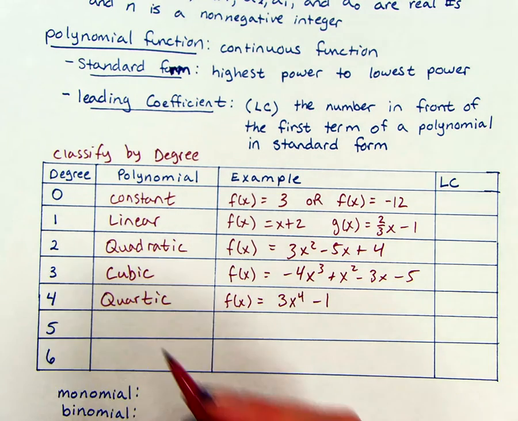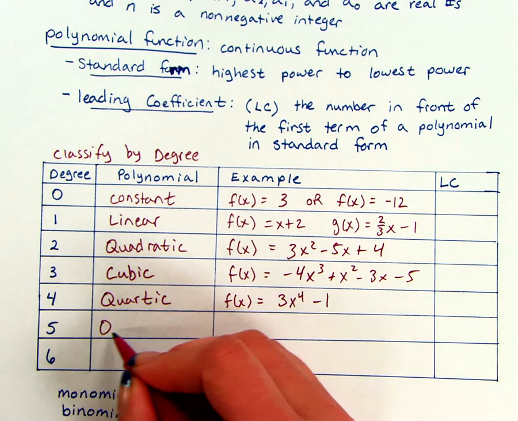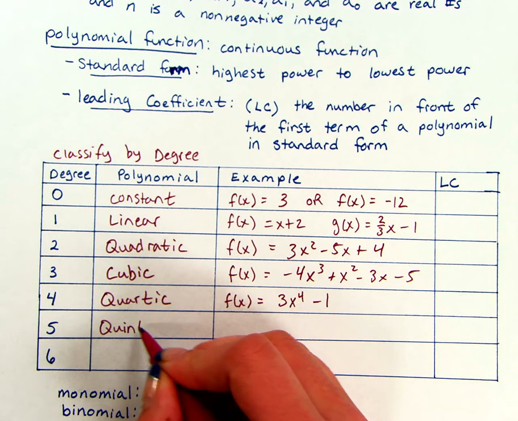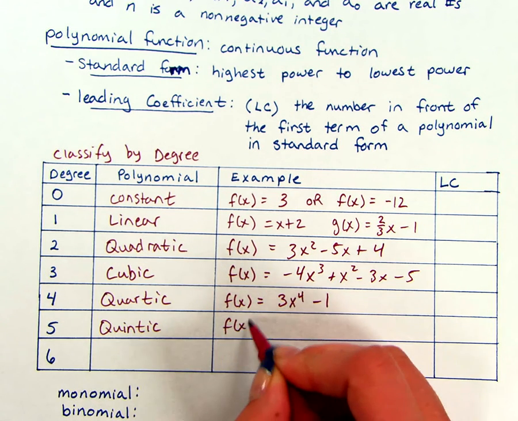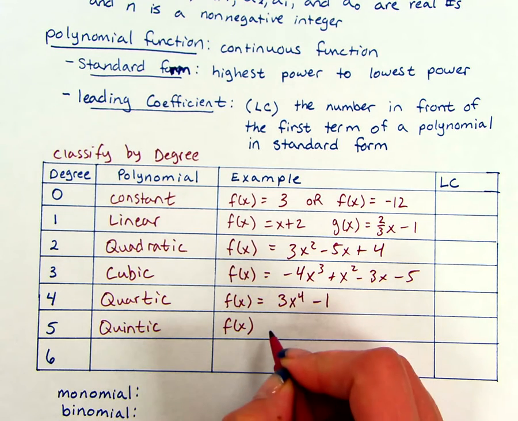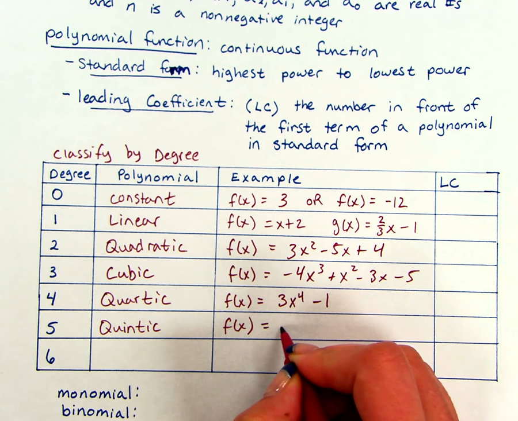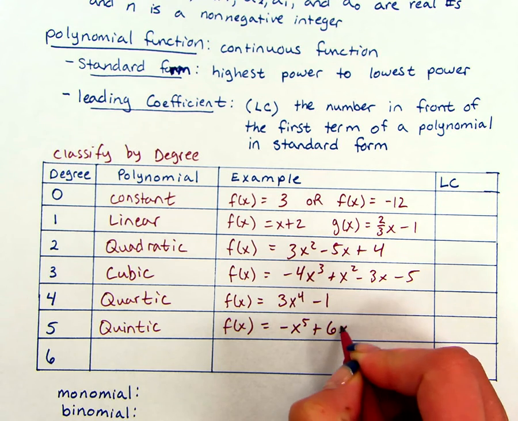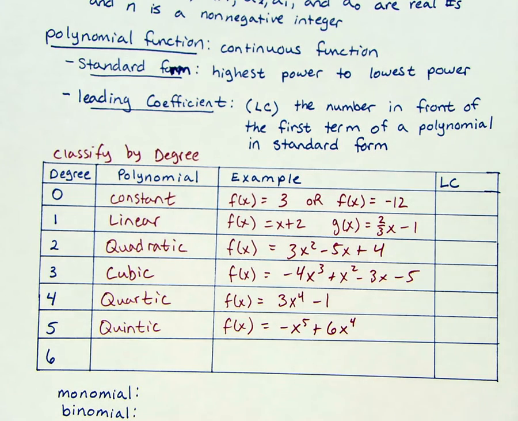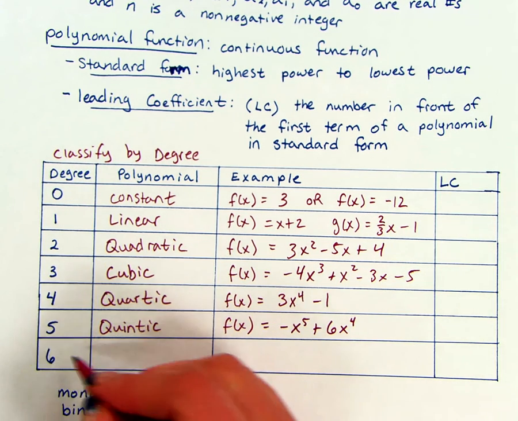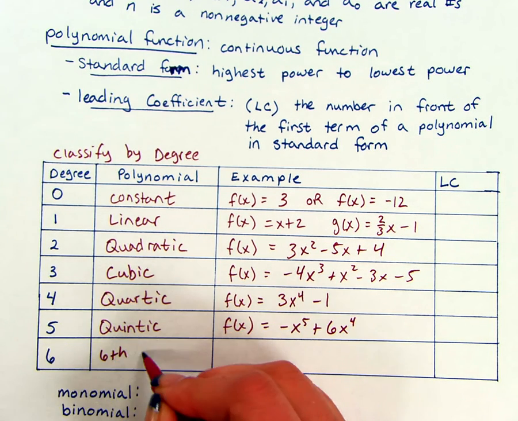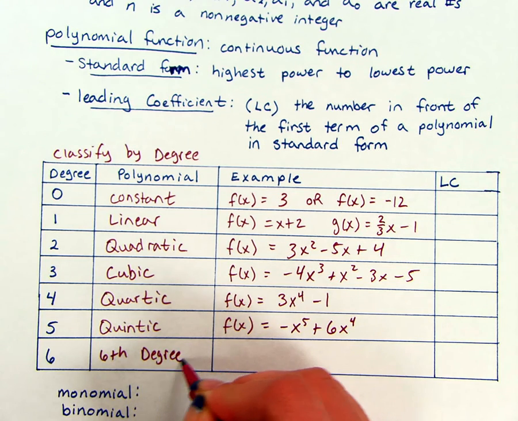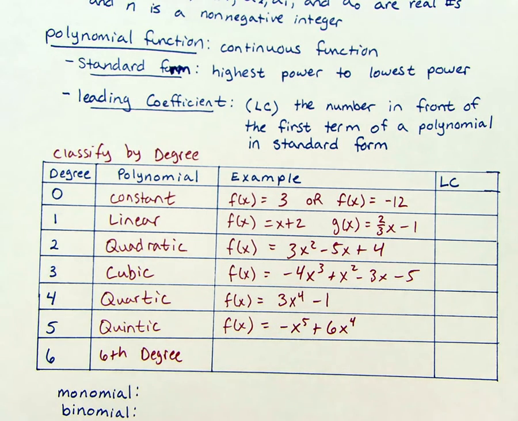The 5th degree is a quintic. Again, the highest degree has to be a 5. We could have something like f of x equals negative x to the 5th plus 6x to the 4th as an example. Anything above that, they do have names, but they're not very well known. So we would just say it's a 6th degree polynomial, or 7th degree or 8th degree or whatever the degree happens to be.